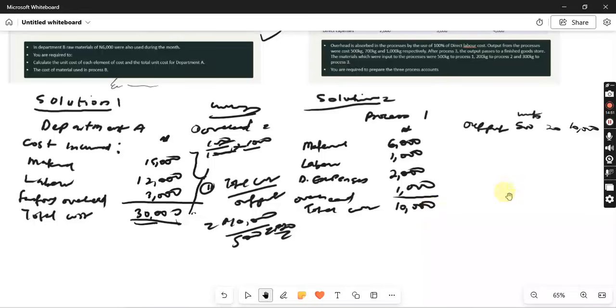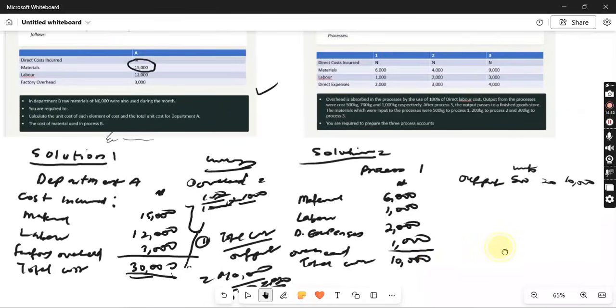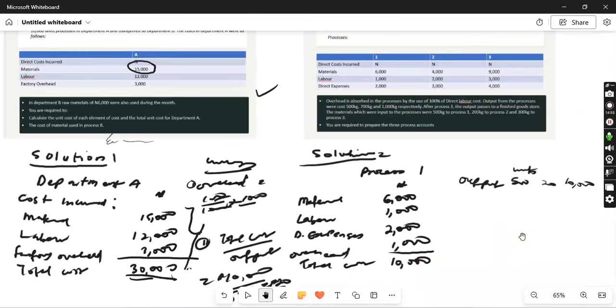So we have the cost per unit, 20. We have 10,000 as the cost and 500 units as the output.